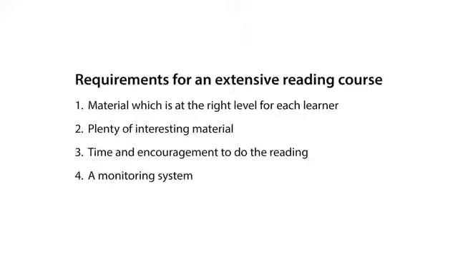The fourth requirement for an extensive reading program is to have some kind of monitoring system so that the teacher knows how much each learner has read and that they're actually doing the reading that they're supposed to do. Nowadays, there are electronic extensive reading programs available.